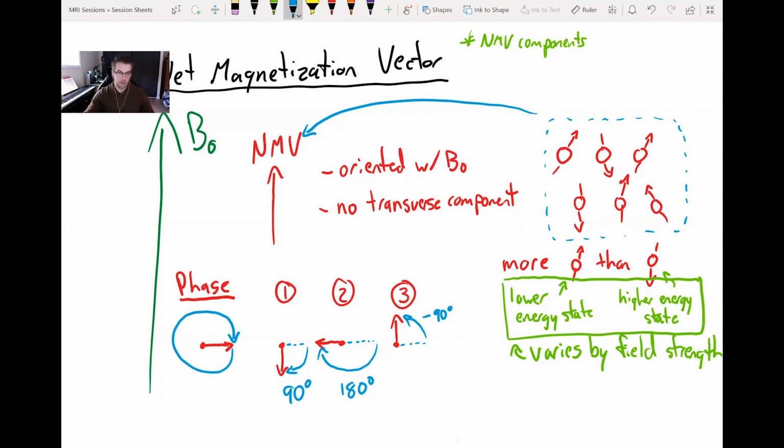Hopefully that makes sense. From now on, we're basically talking about the net magnetization vector and not so much the spins anymore. Again, just because when you look at spins, things get quantum very fast and very technical, which is fine, but when you're learning this stuff for the first time, it's easier to think of it in terms of vectors, and then we can use classical physics explanations, which work quite well for MRI if we simplify it to the vector version.